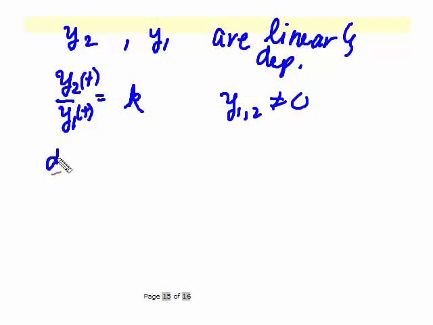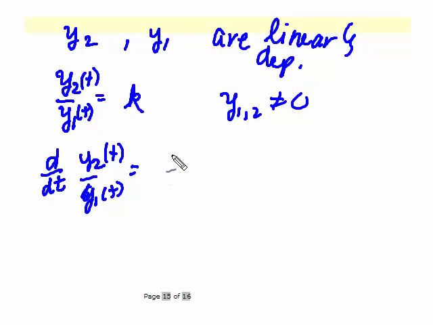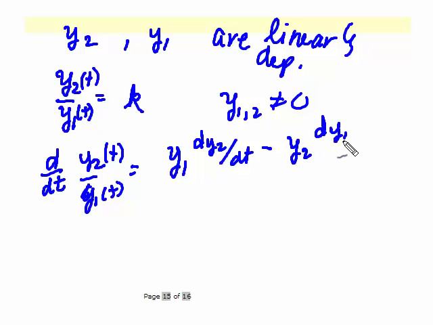Now I'm going to take the derivative, and I'll have to use the quotient rule. So when I use the quotient rule, in the numerator I have y1 times dy2 dt minus y2 times dy1 by dt, remember low d high, high d low and all that, divided by y1 of t squared.